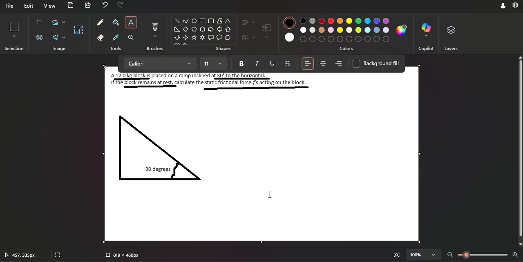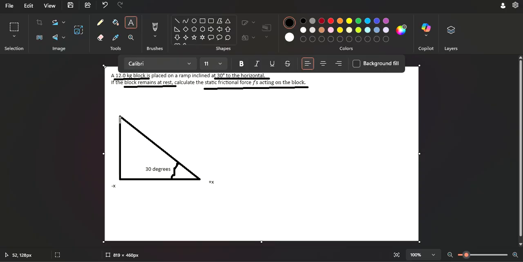Okay. We need to label our coordinate plane. So this would be positive x here, plus x over right here. And this would be minus x right there. Okay.